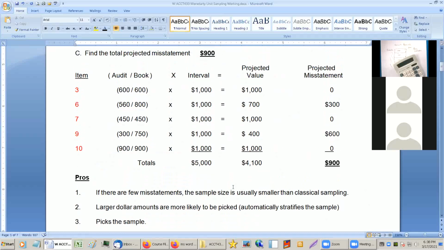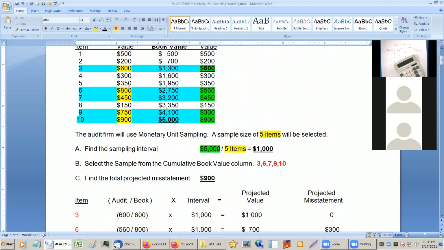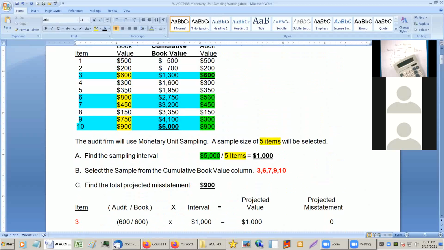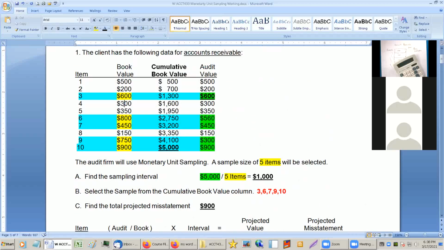And by the way, because it's proportional to the size, what if they don't do it all on this one? What if they add 200 here, 200 here, 200 here? All of those make it more likely that they'll be caught. If you add $200 to any of these, it moves them up, because they have a larger number.